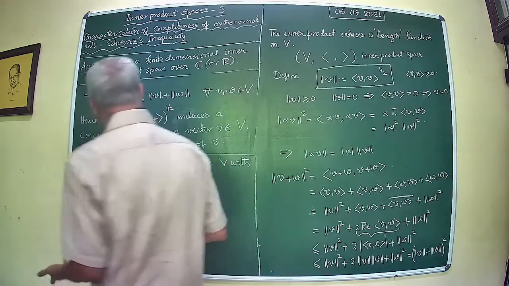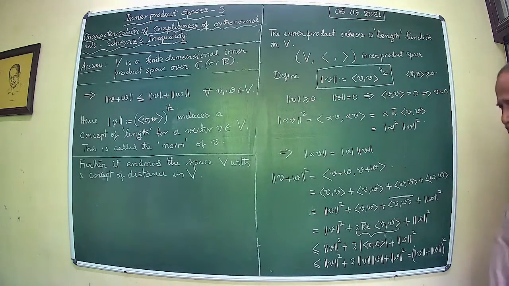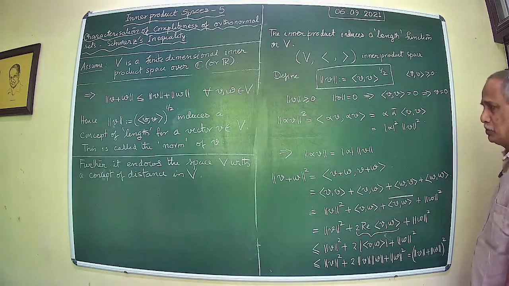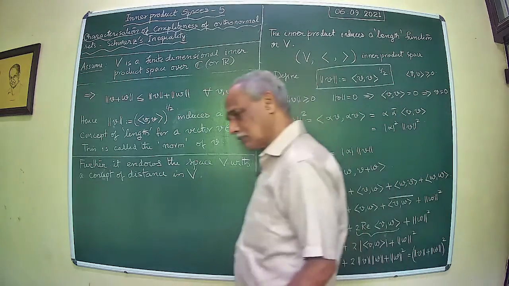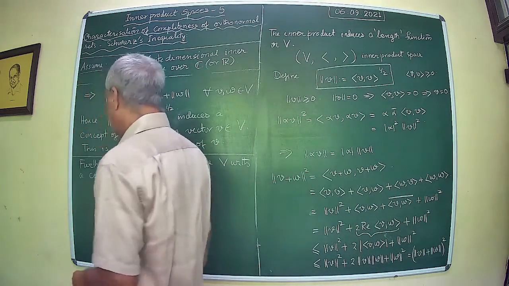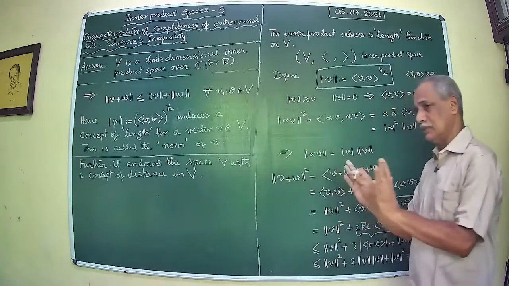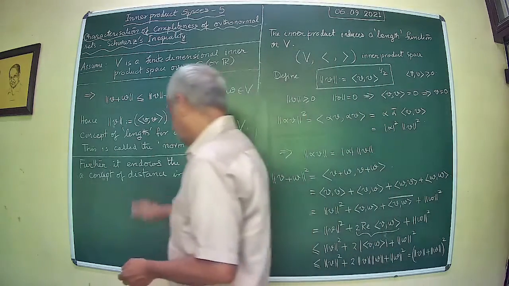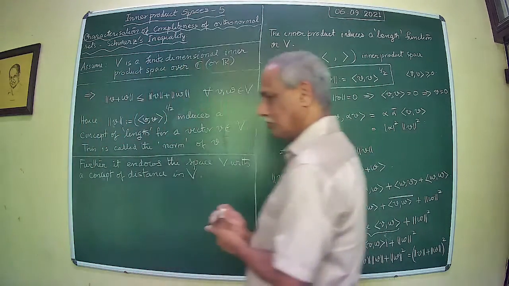In fact, you see, the important point is that there are different ways in which possibly one can introduce the length concept. But the one that comes from an inner product is something very special. It can be called the Euclidean length, if you like.